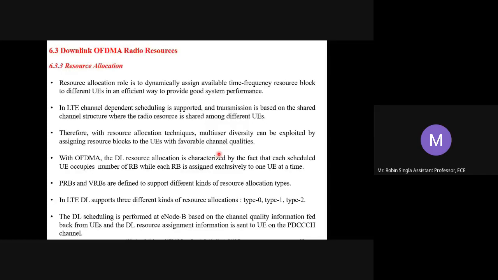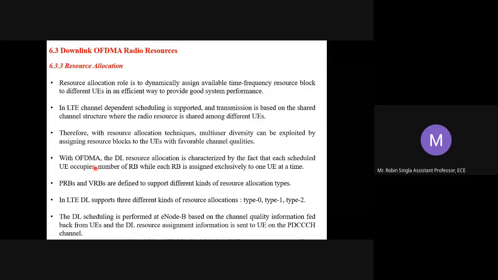Last week we did spatial diversity, where PMI is there, and user equipments feed back to the base station. Based on the fading of a particular carrier towards the user, the base station can decide which subcarrier, which frequency, to use for that user. This is known as favorable channel qualities.